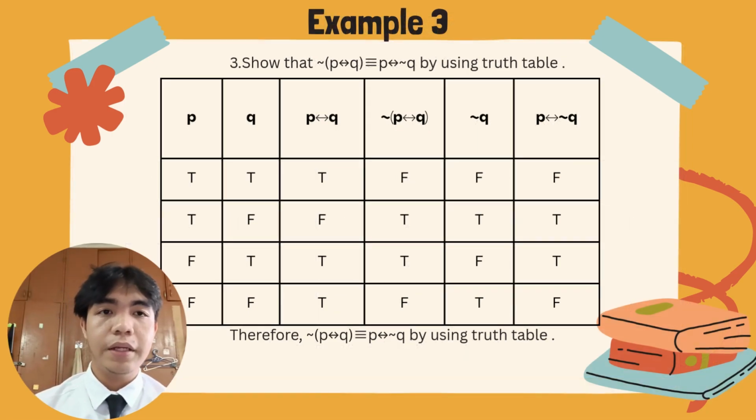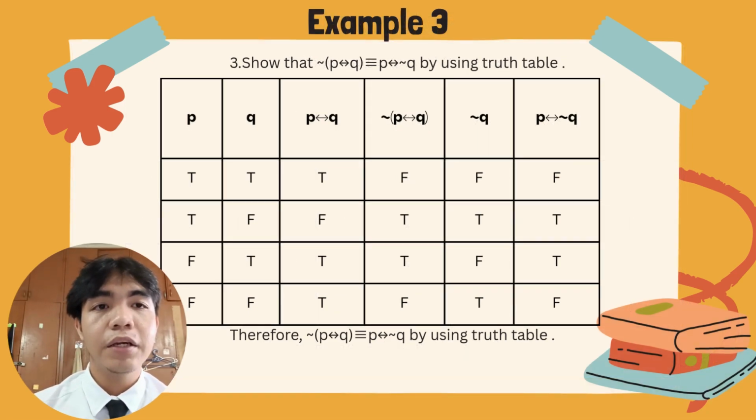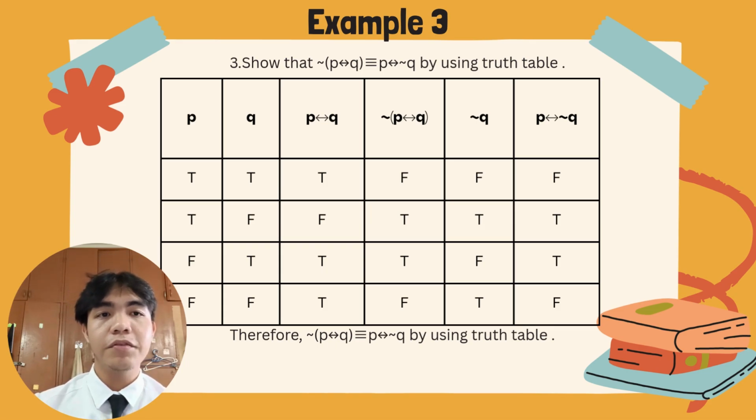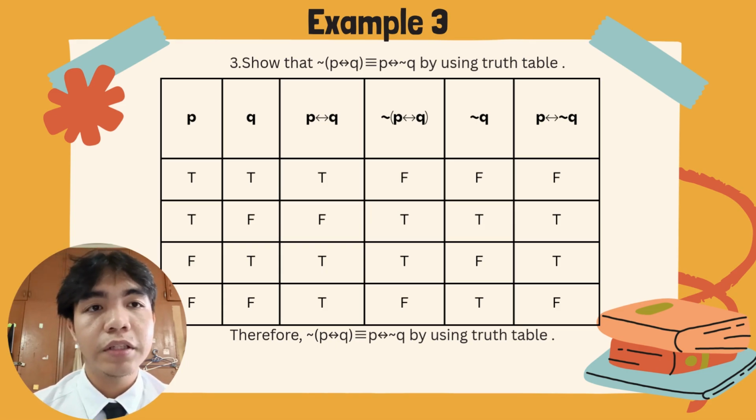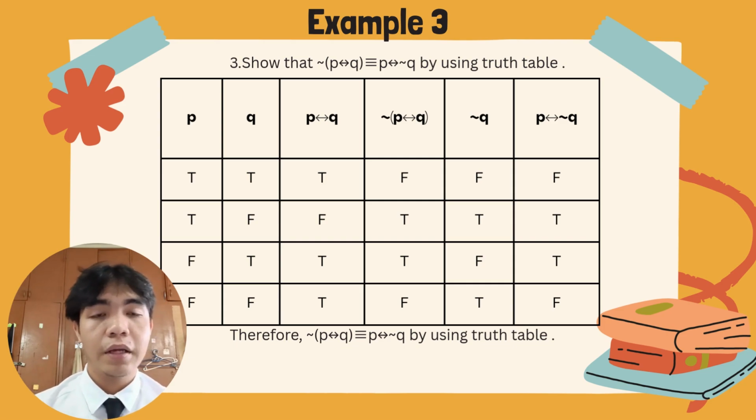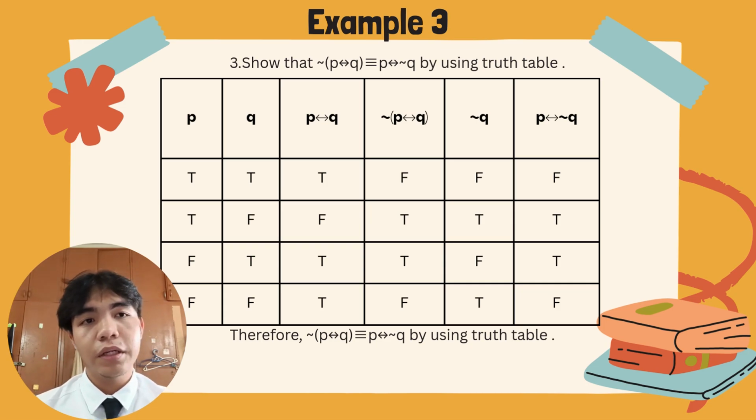For example 3, show that ¬(P ↔ Q) is equivalent to P ↔ ¬Q by using a truth table. Find the truth values of P, then the truth values of Q, also P ↔ Q and ¬(P ↔ Q), and we also need to find the values of ¬Q and P ↔ ¬Q.